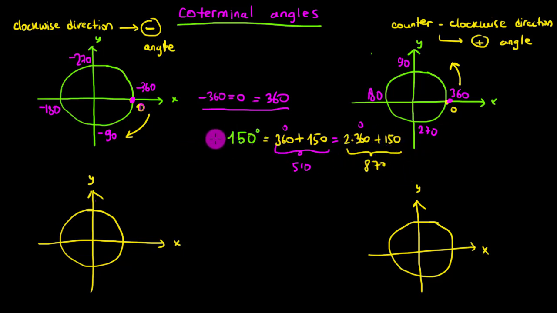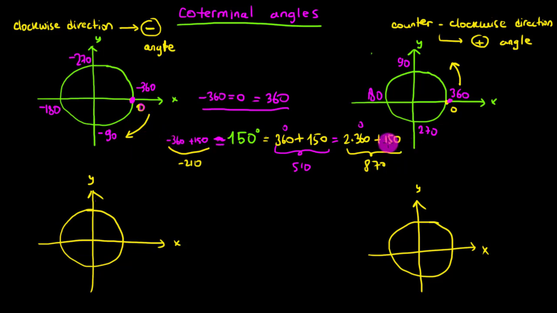And we can do the same thing if we move in the negative direction. You will have minus 360 plus 150, so in total it will be minus 210. Minus 210 and 150 are also the same thing.